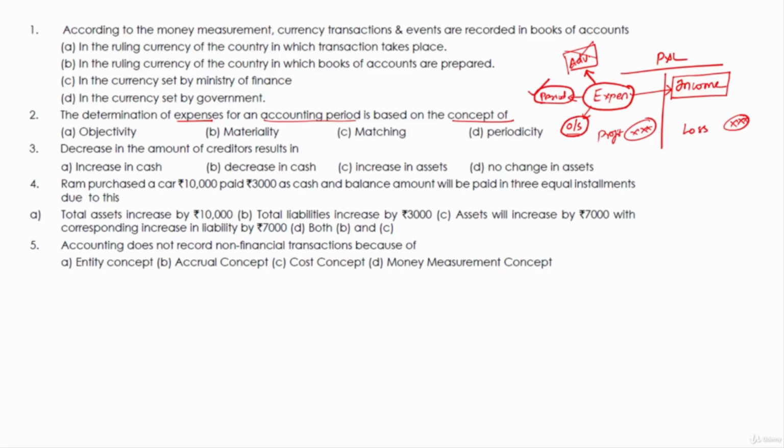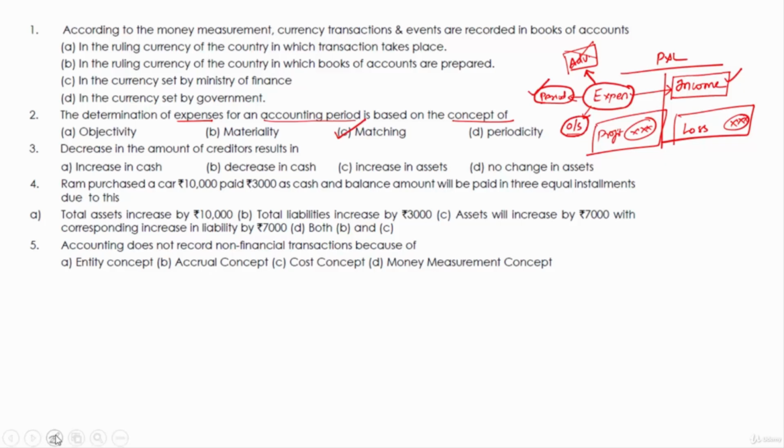So the matching concept says when you are recognizing an income, its matching expenses have to be accounted so that you can determine the correct, true and fair profit or loss. So the determination of expenses for an accounting period is based on the concept of matching.